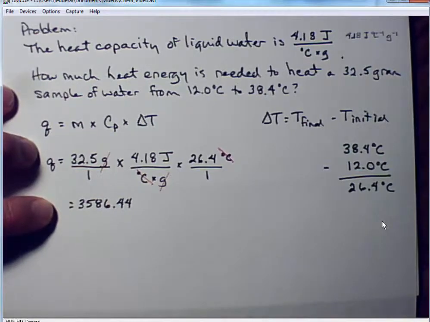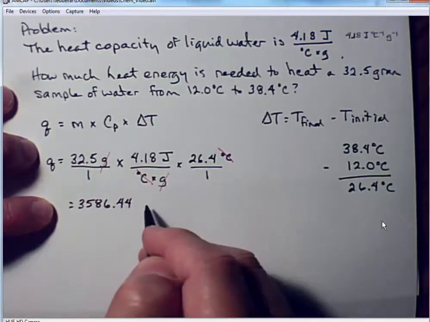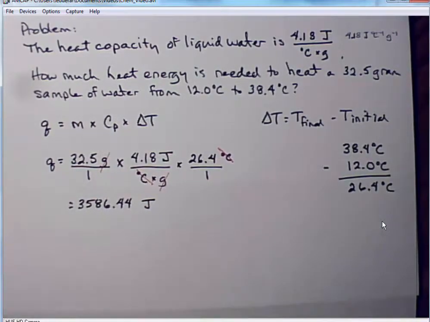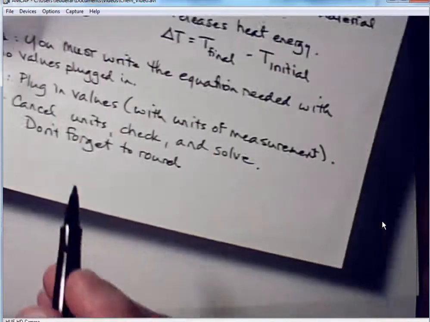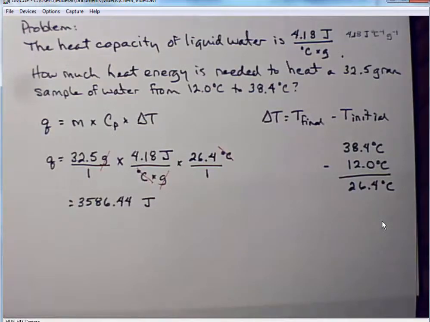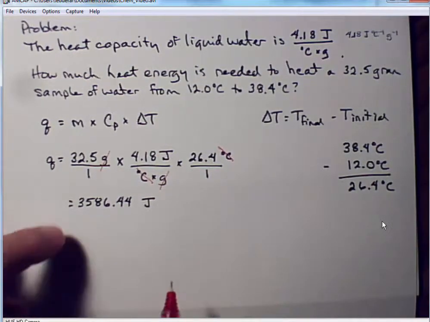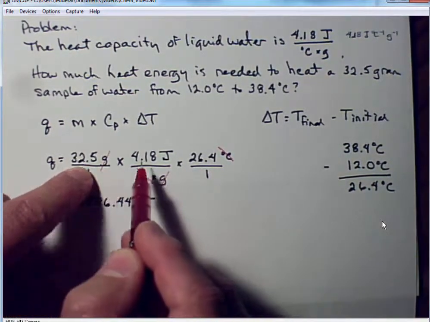So what units do I still have left? Joules. I need to make sure I put joules here. And don't forget to round. How many digits do I need for the final answer? 3 digits. We're going to look at the measured and or calculated numbers. This is a measured number.